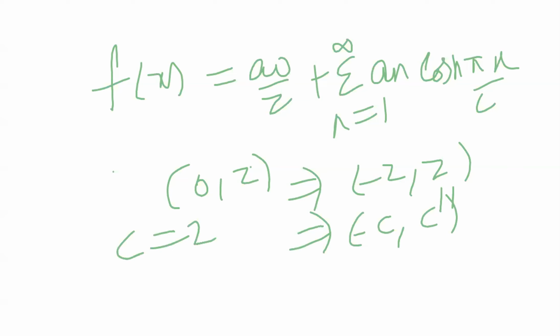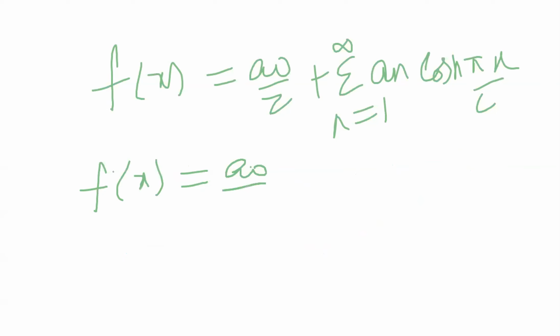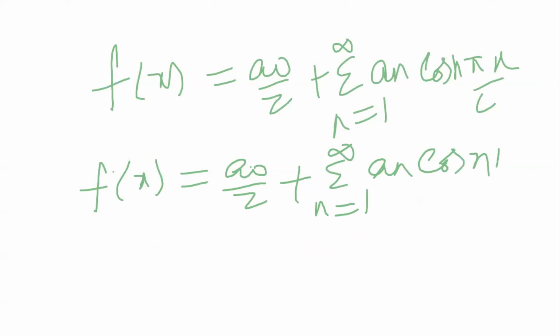Replacing c equal to 2 in the above series, f of x is converted to f of x equal to a naught by 2 plus sigma n equal to 1 to infinity a n cos n pi x by 2.